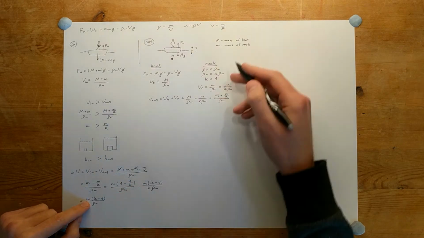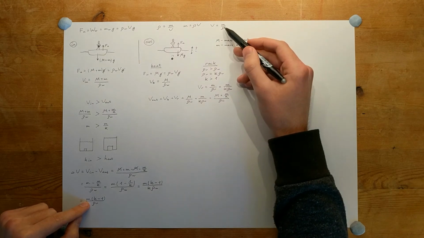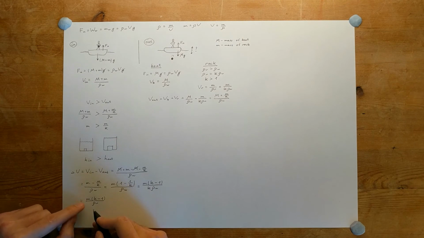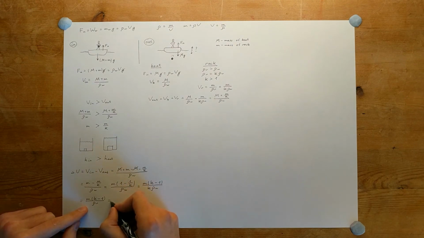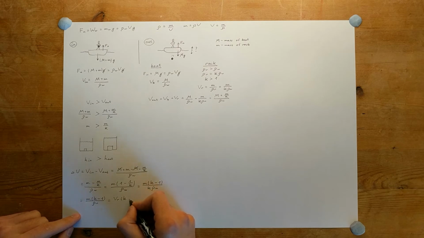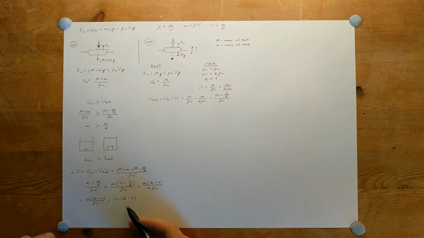And this m is the mass of the rock, and mass over density is volume. Therefore m over density is equal to the volume of the rock times K minus 1. So this shows us by how much the volume of water displaced changes.